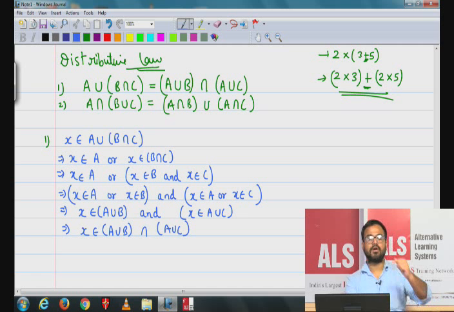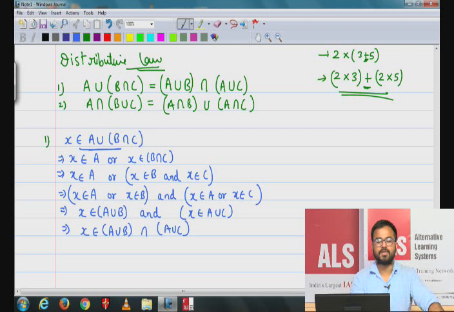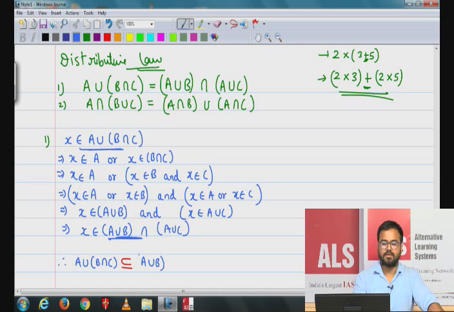So here we have started from that one and reached up to here. Therefore we can say A union (B intersection C) is a subset of (A union B) intersection (A union C). This is the first equation.